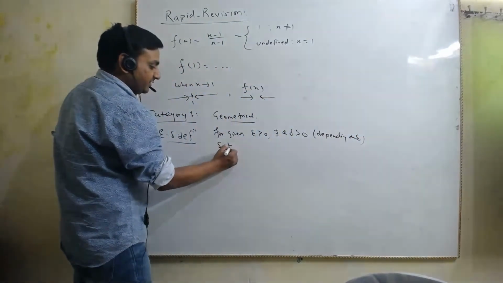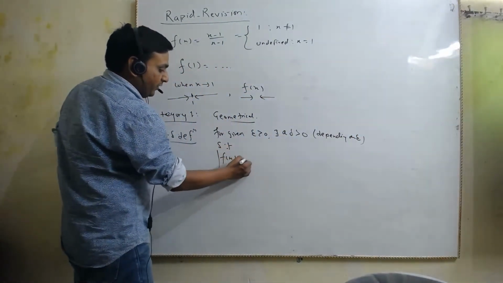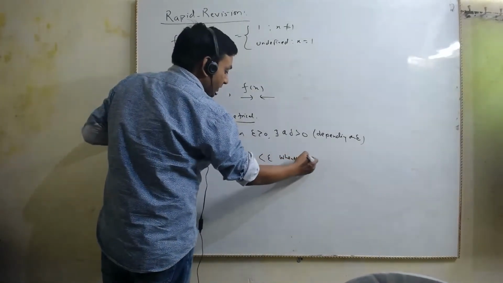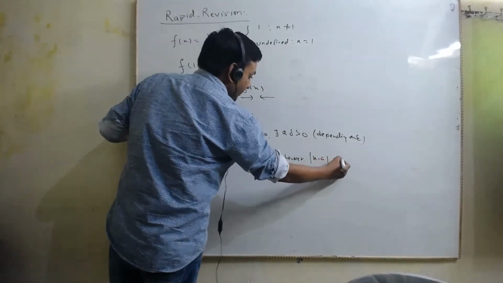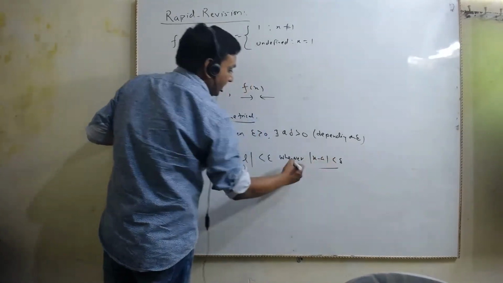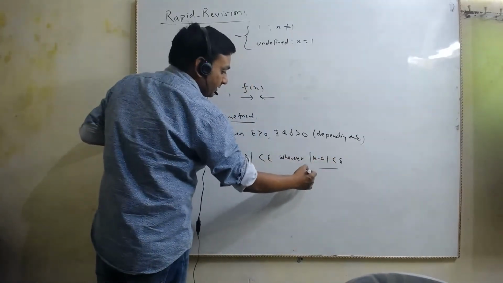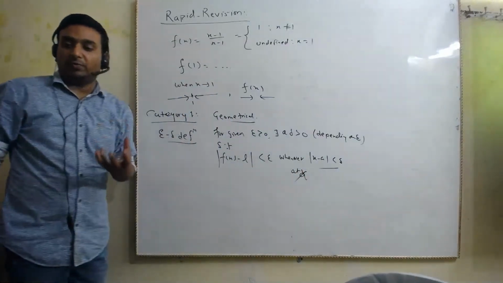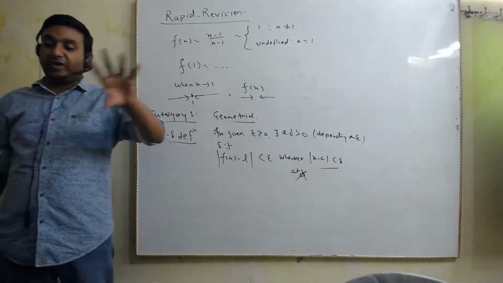How should it be? Such that modulus of f of x minus L is less than epsilon whenever modulus of x minus a is less than delta. Here at the point a you are not concerned, because the value of the function at the point is a different thing.